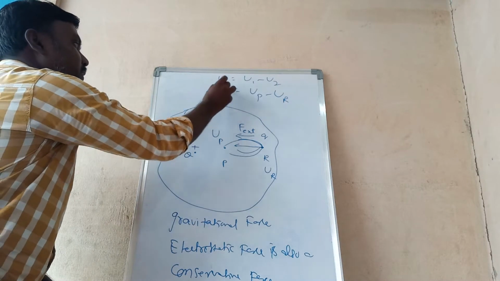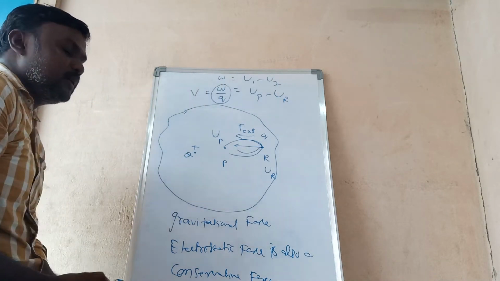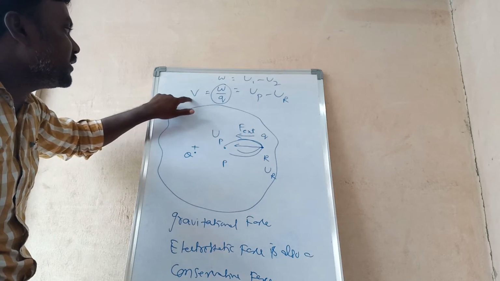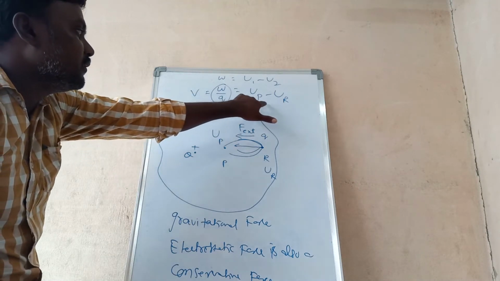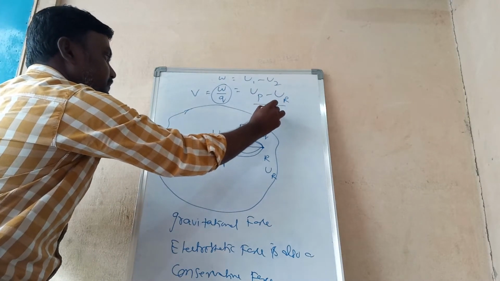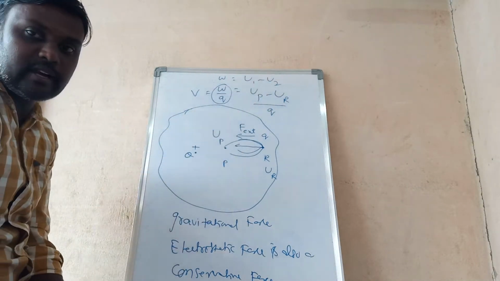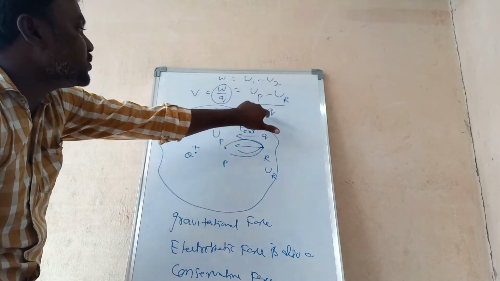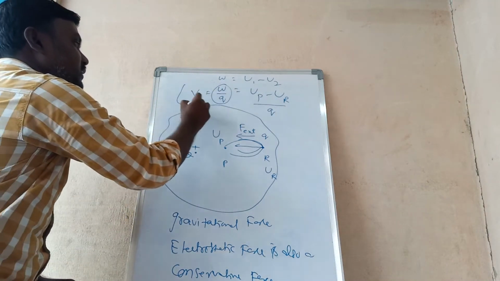And this work done per unit of charge is called the potential. This is the relation between potential difference and the electrostatic potential energy. V is equal to UP minus UR by Q. This is the potential difference.